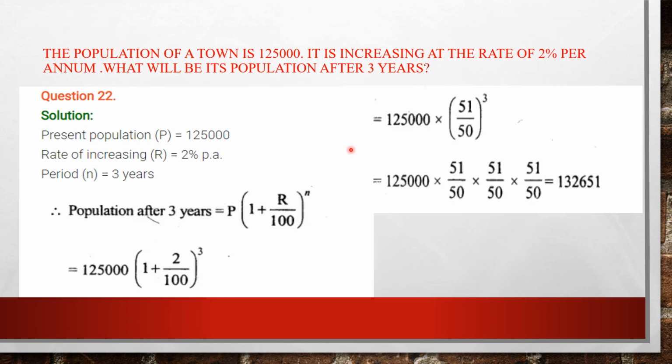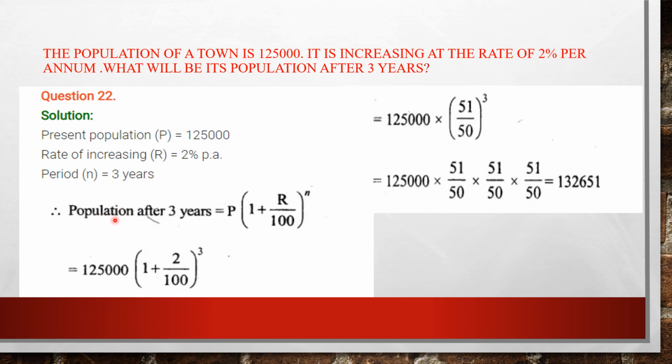The population of a town is 1,25,000. It is increasing at the rate of 2% per annum. What will be its population after 3 years? Present population is 1,25,000. It is increasing at the rate of 2% per annum. So the number of years is 3 years.